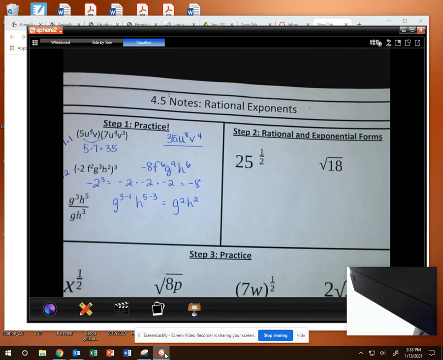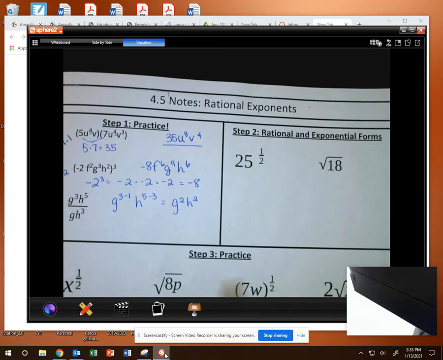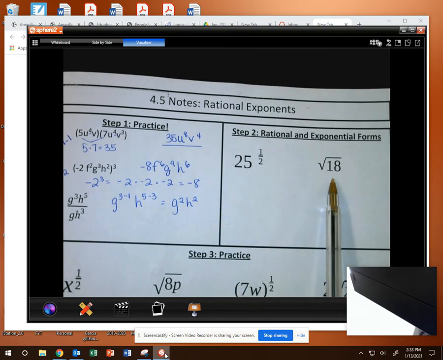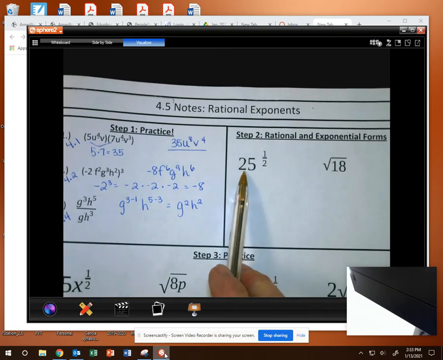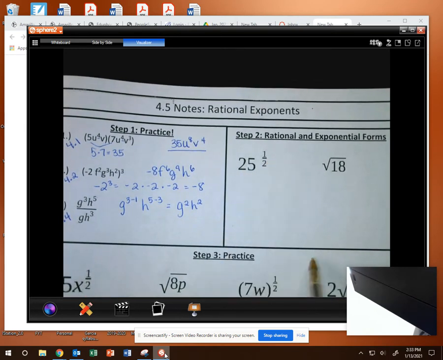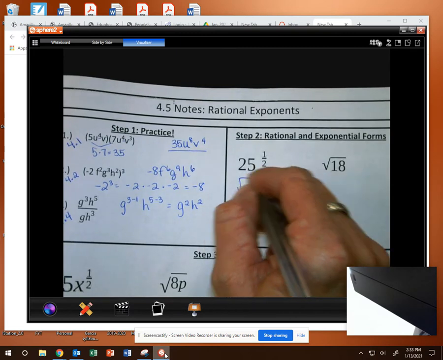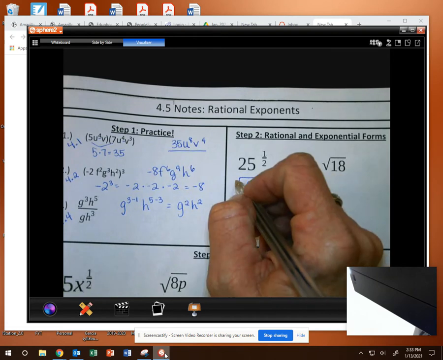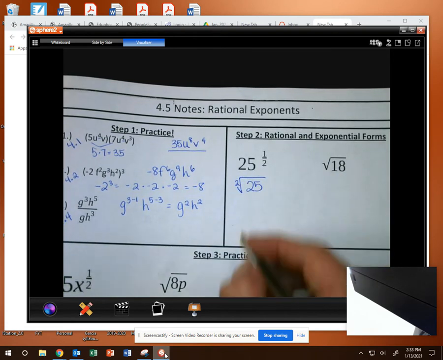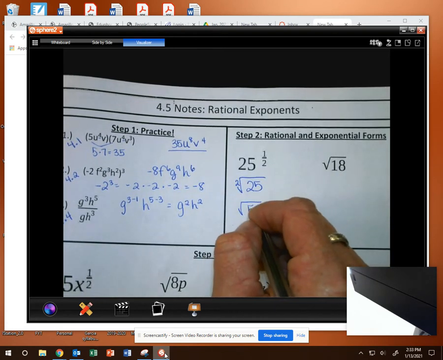Okay? So today we're going to start working with our rational exponents, and we're going from rational form to exponential form. So if I were to write 25 raised to the 1/2 power, this just is the square root of 25, and the square root of 25 is just 5.